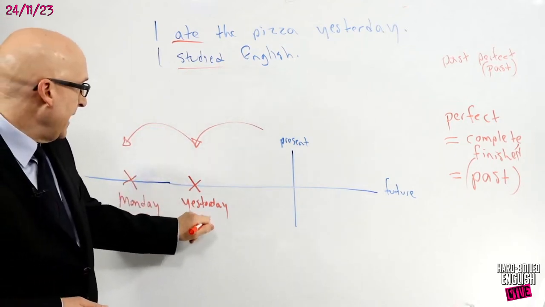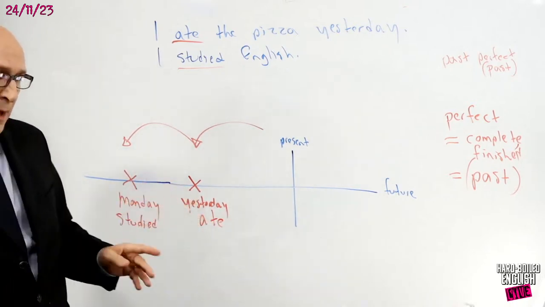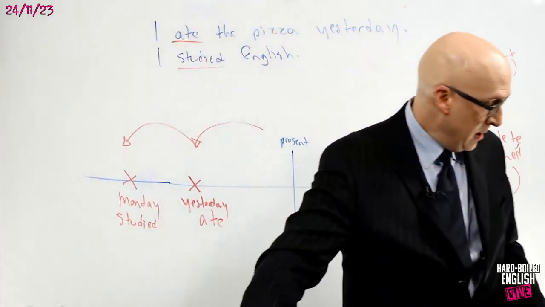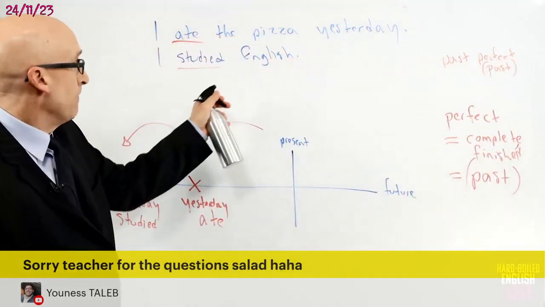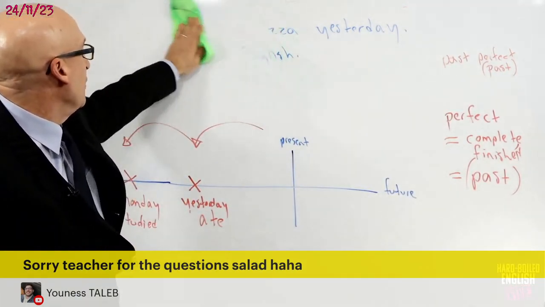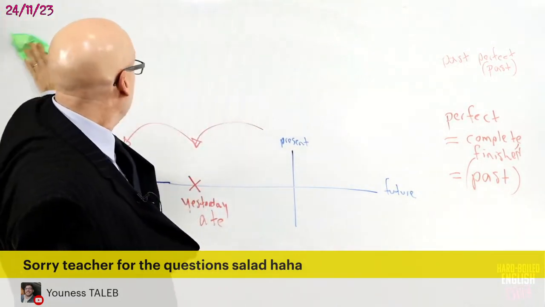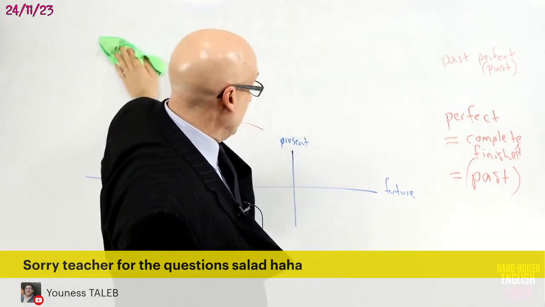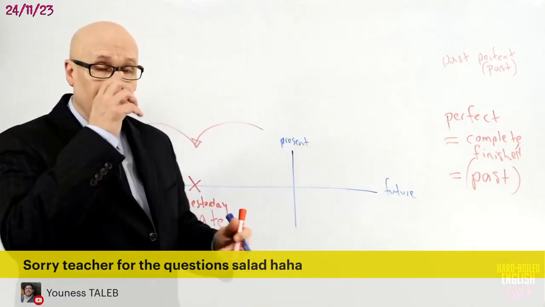And yesterday I ate the pizza. Now we know which one happened first. So let's make a past perfect sentence. Now the example might be kind of goofy. I'm always using pizza, and study seems a little bit unrelated, but that's beside the point. The point is the sequence.